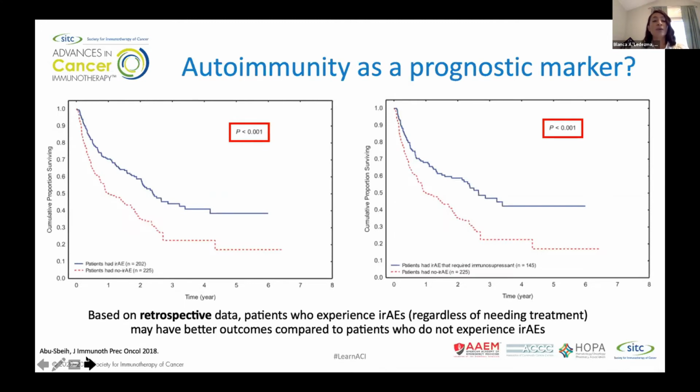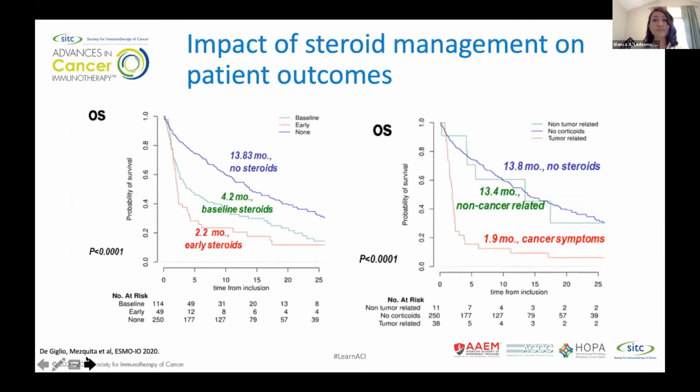When we look on the right, those patients in blue who had an IRAE that did require immunosuppressives versus those in red who did not have an IRAE, regardless of needing immunosuppressives, the blue did have a better survival. So having an IRAE does support that patients overall do better and had a better survival.